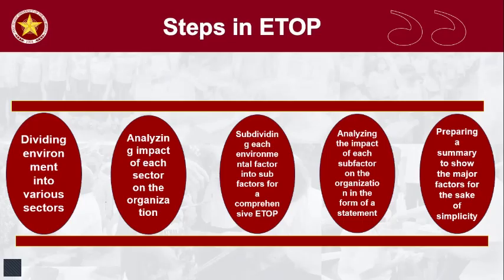Third is subdividing each environmental factor into sub-factors for a comprehensive ETOP, and analyzing the impact of each sub-factor on the organization in the form of a statement. And last, preparing a summary to show the major factors for the sake of simplicity.